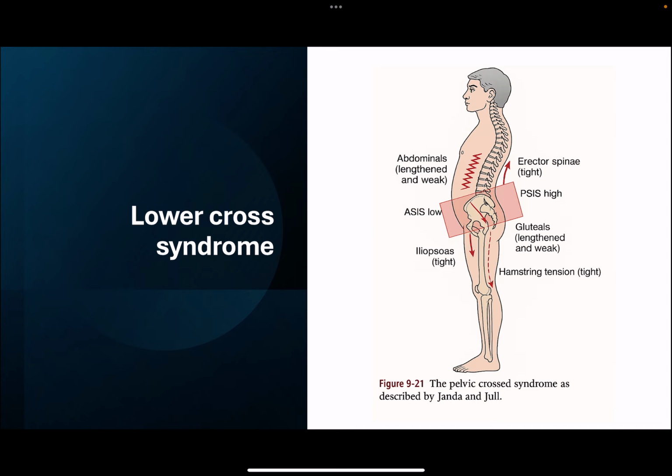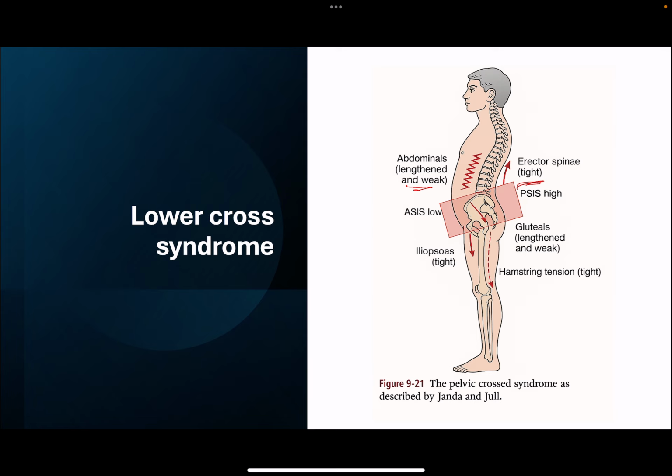Here is the golden rule. For every tight and overactive muscle group, there is a weaker, underactive group being overshadowed. These poor, underappreciated muscles don't have anyone to speak for them. But don't worry, we've got their back.